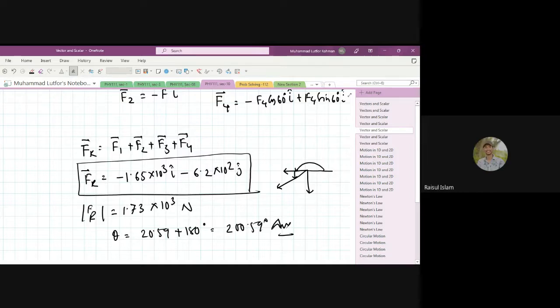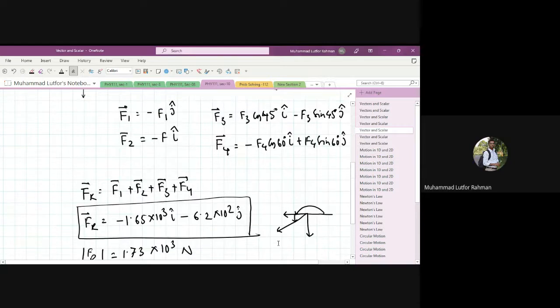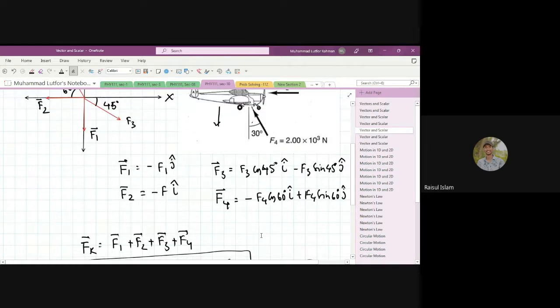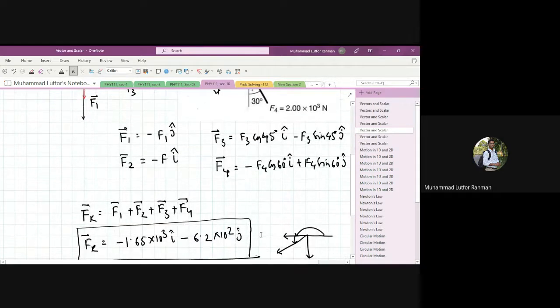Sir, I have a question. Sure. Sir, in the net force FR, why didn't we add F3 and F4? I didn't get your question, sir. FR is equal to F1 plus F2, F3 and F4. Okay, FR, yeah, resultant force, sum. Yes, sir. So did you add all the four?